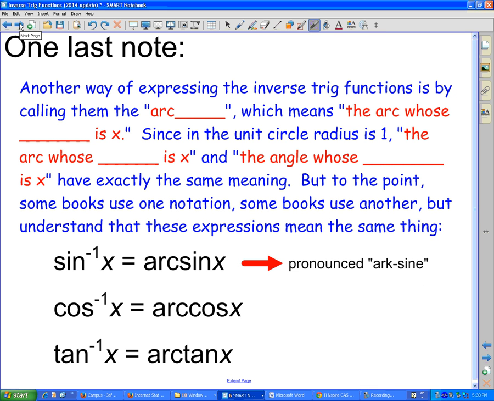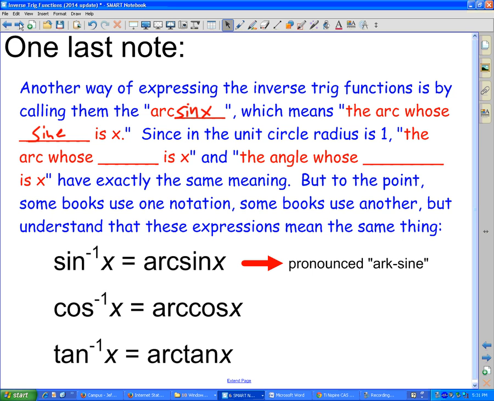Instead, they use the idea arc. Another way of expressing the inverse trig function is by calling them the arc whatever function we're dealing with. So for example, for sine, it would be the arc sine of x. And what this means is the arc whose sine, remember that's the ratio, is x. The arc whose sine is x.